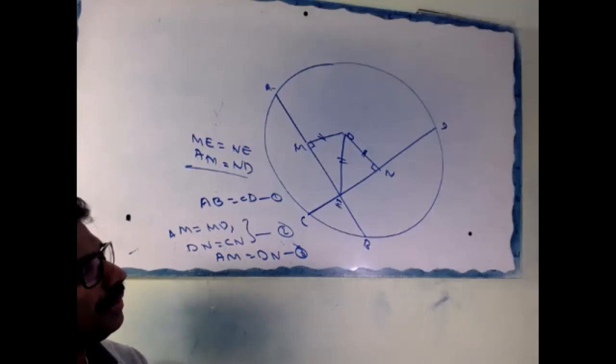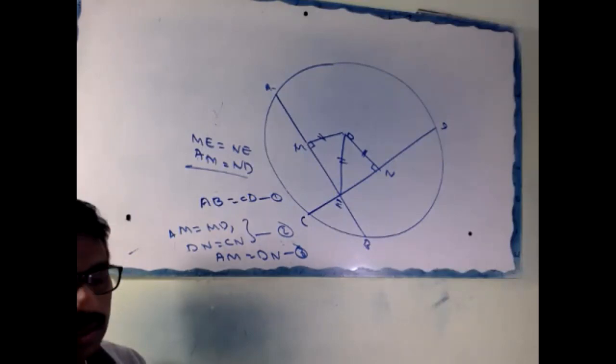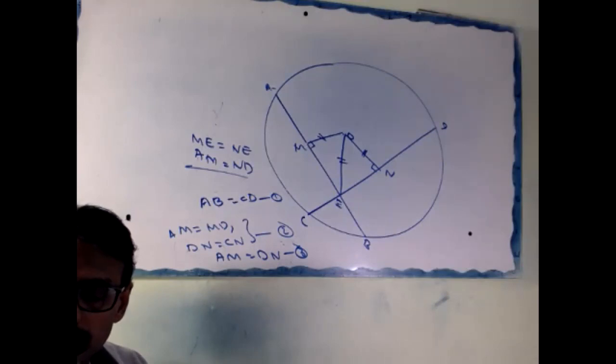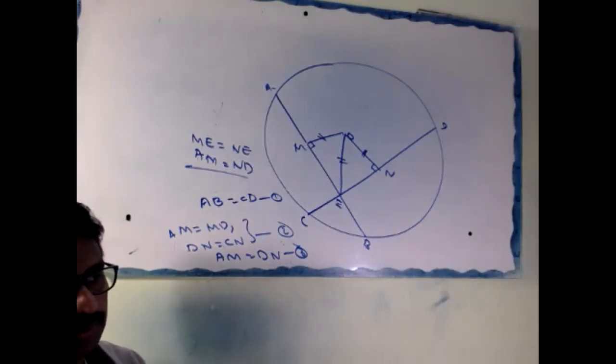That means AE equal to DE. What is the number? 5. Call it number 5.